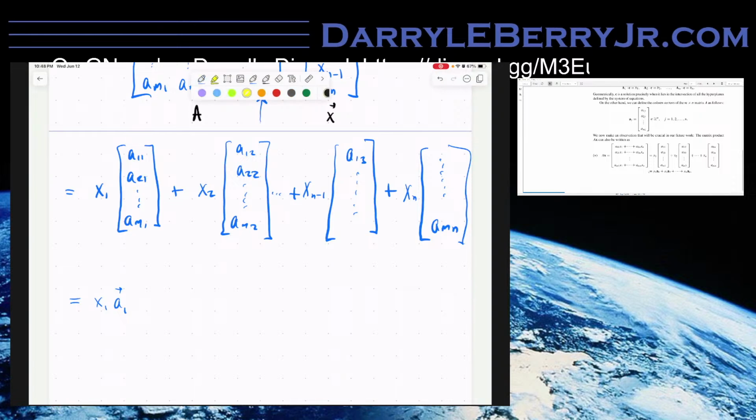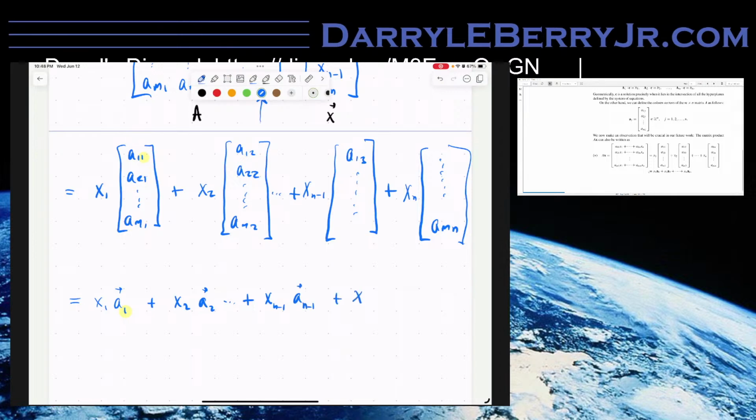So it looks like they're taking the column number and putting that on the vector that's there, plus x2, the second column, plus x n minus 1, a n minus 1, plus xn, an, putting just the column term. Right? The same thing, just the column term is coming down.